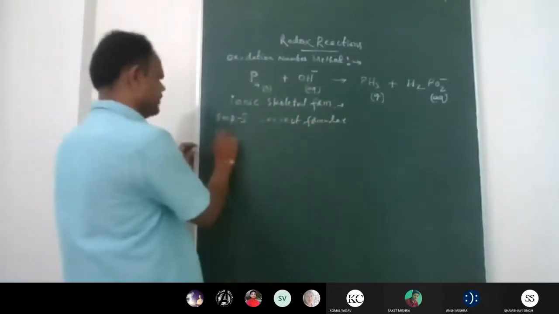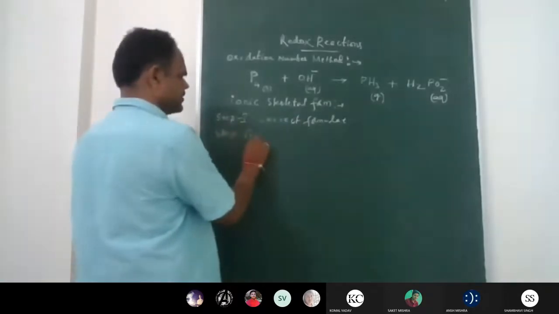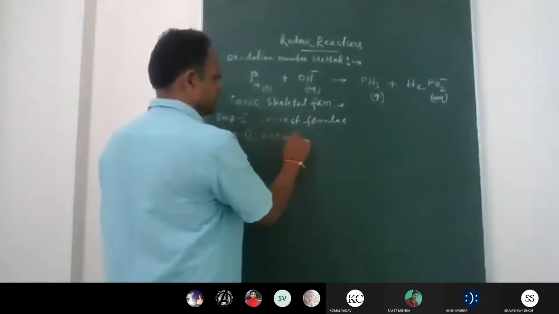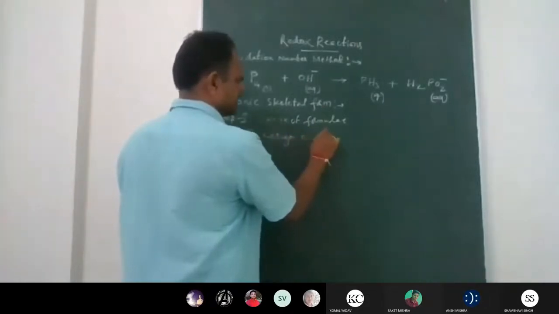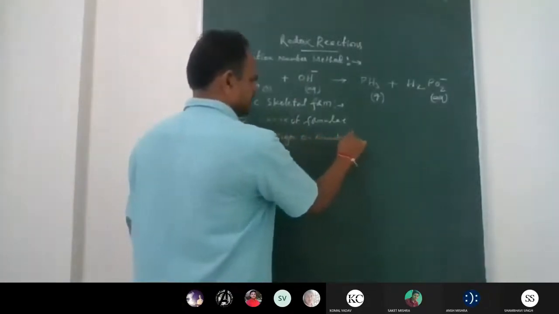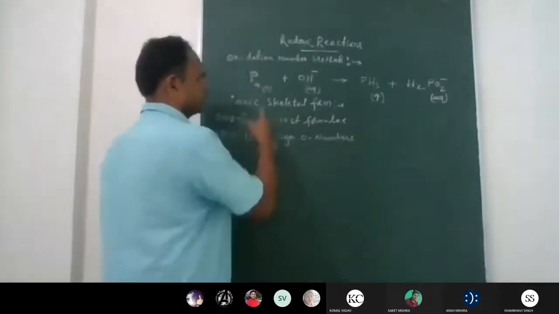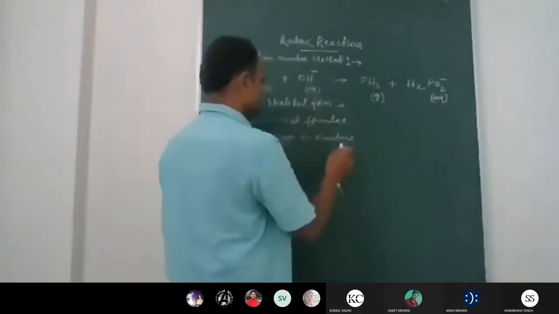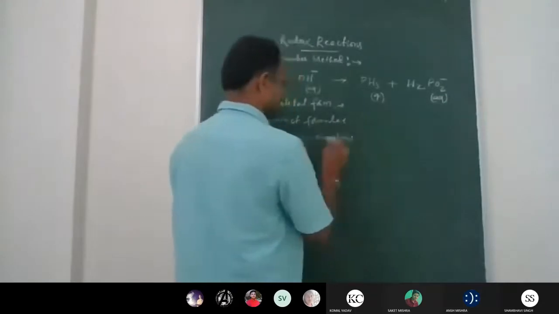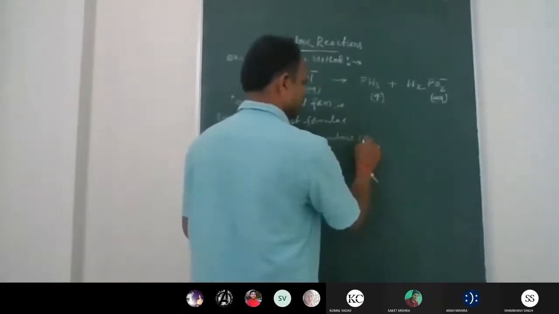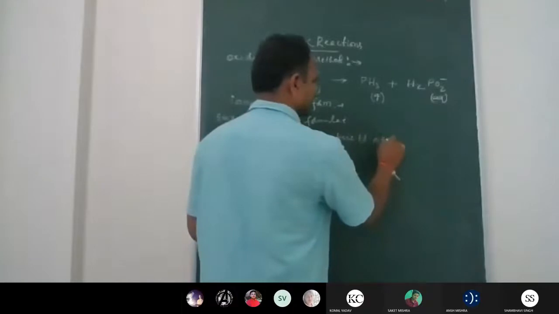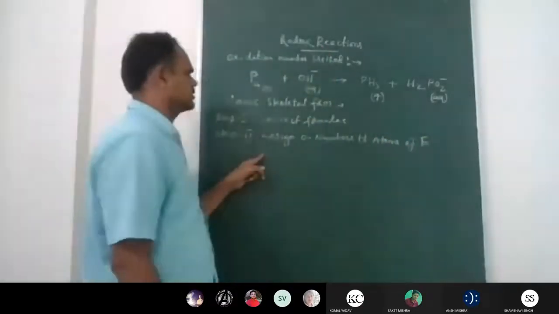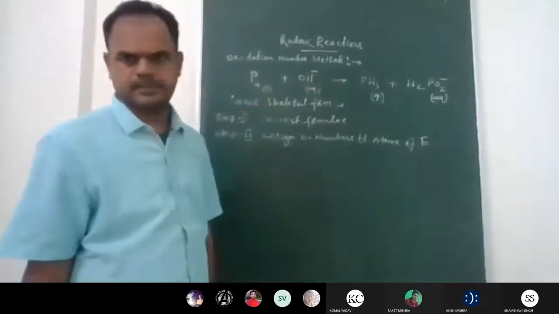And step 2: we should assign the oxidation numbers to the species involved, the atoms of the different elements present in the reactants and the products.